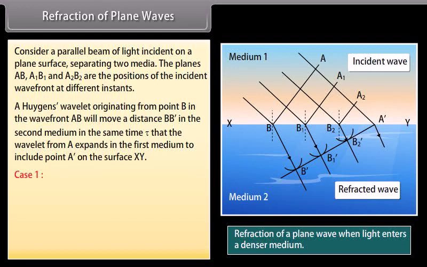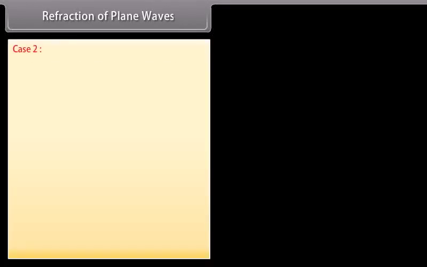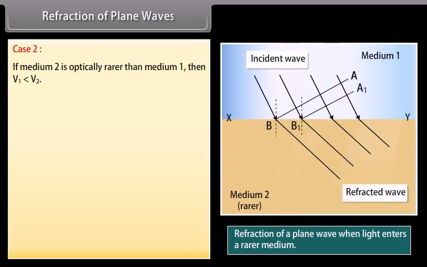Case 1. If medium 2 is optically denser than medium 1, then v1 is greater than v2 and hence AA' is greater than BB'. The ray is bent towards the normal. Case 2. If medium 2 is optically rarer than medium 1, then v1 is less than v2 and hence AA' is less than BB'.